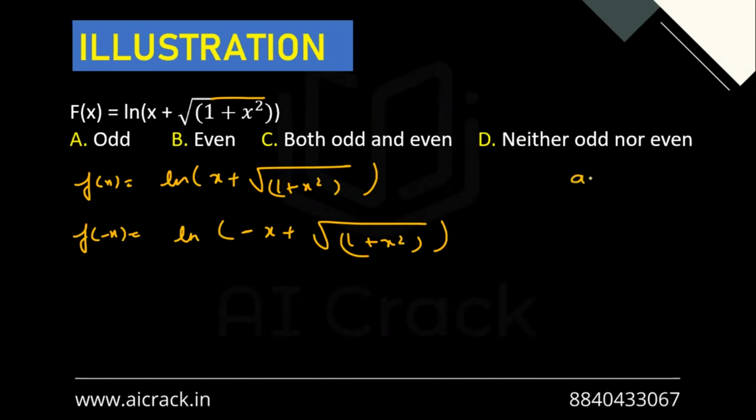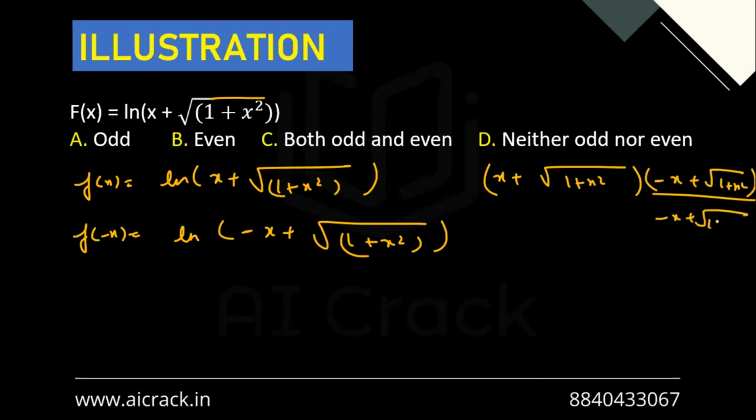So whenever I see something of this sort, a plus root b or a minus root b, then I tend to think about rationalization. So I'll do the same over here.